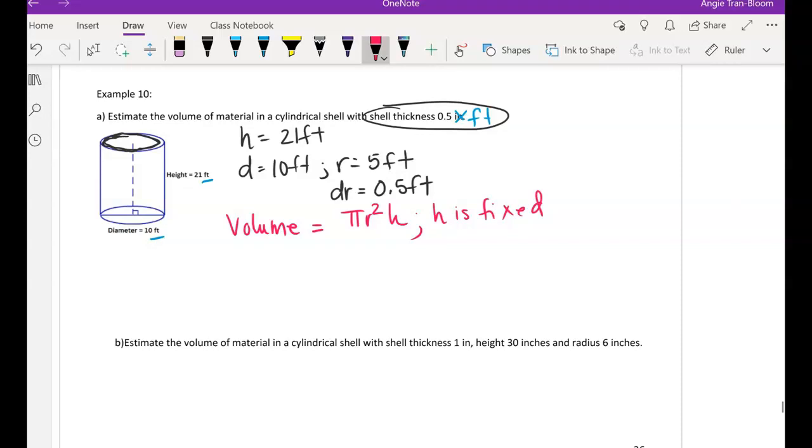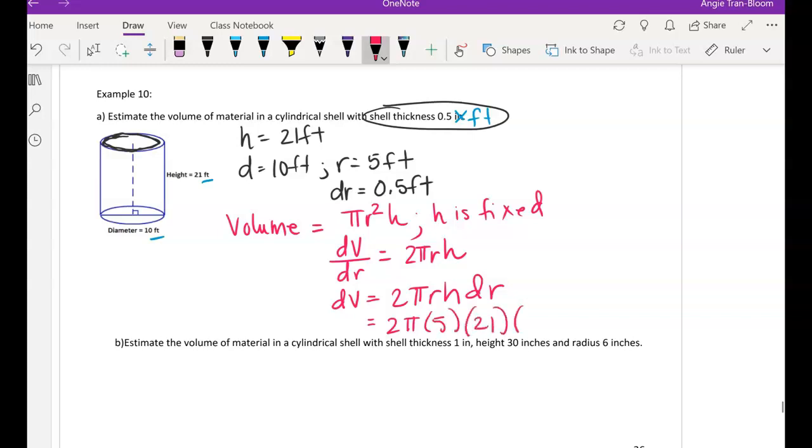Okay. So next step, we want to find the change in volume with respect to the variable, which is r, since the height is fixed. So we want to do the derivative, 2 pi r times h. Well, this is estimate the volume, so from here we're going to just solve for dV, which is 2 pi r times h times dr. Well, let's plug all the stuff that we have in. 2 pi, radius we know is 5, the height is fixed as 21, and dr is 0.5.